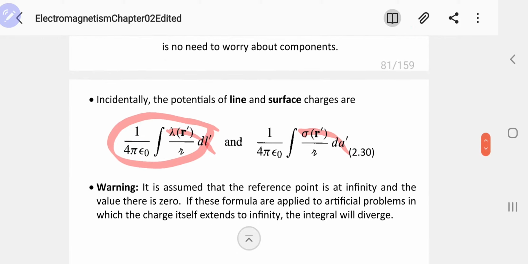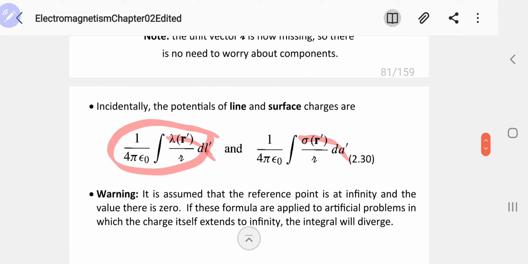By the way, there's a warning here. It is assumed that the reference point is at infinity and the value there is 0.